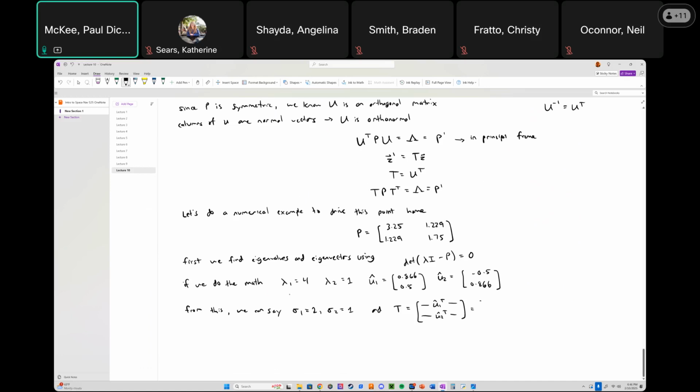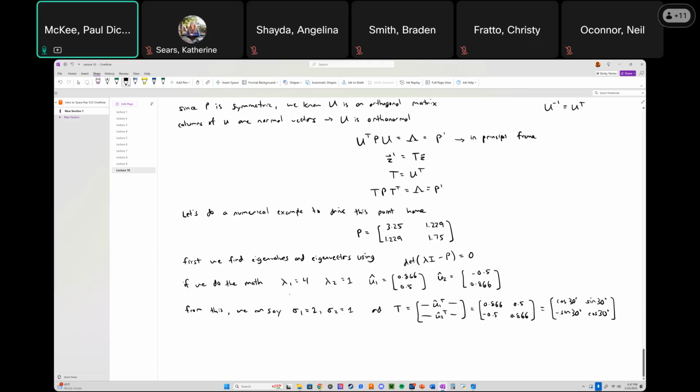Well, that is going to be 0.866, 0.5, negative 0.5, 0.866. They should start to look really familiar. This is cosine of 30 degrees, sine of 30 degrees, negative sine of 30 degrees, and cosine of 30 degrees.